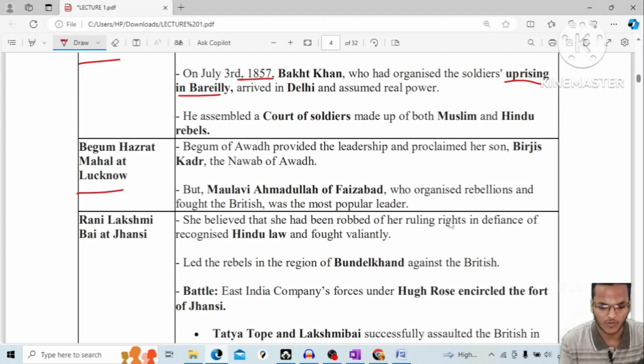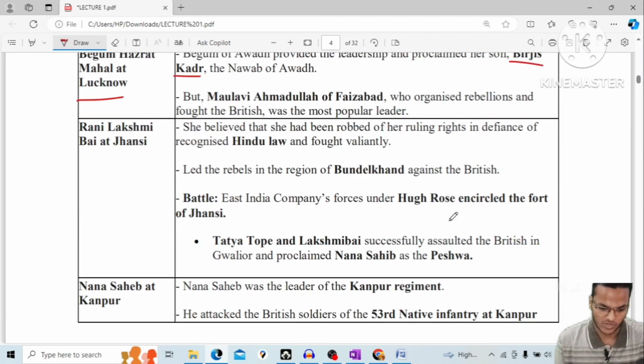Begum Hazrat Mahal at Lucknow, she was the Begum of the Nawab, the queen of Awadh, and her son, the proclaimed heir. Begum Hazrat Mahal at Lucknow, Rani Lakshmibai at Jhansi.